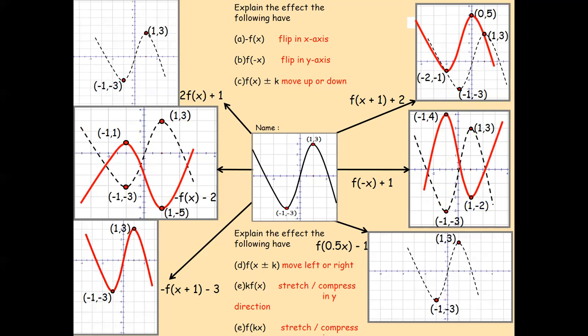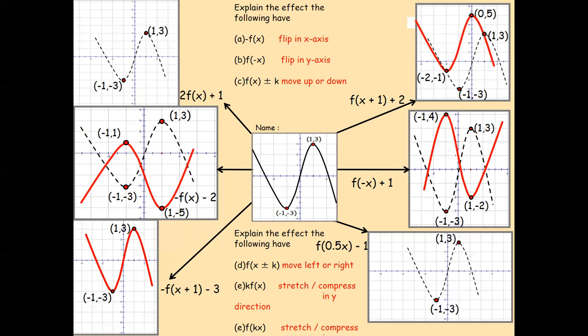Here, I've got negative f of x plus 1. So x plus 1 tells me I'm going to move to the left by 1, and then minus f flips in the x-axis. So we're going to move left, flip on the x, and then bring it down by 3. So you've got 3 things here combined.